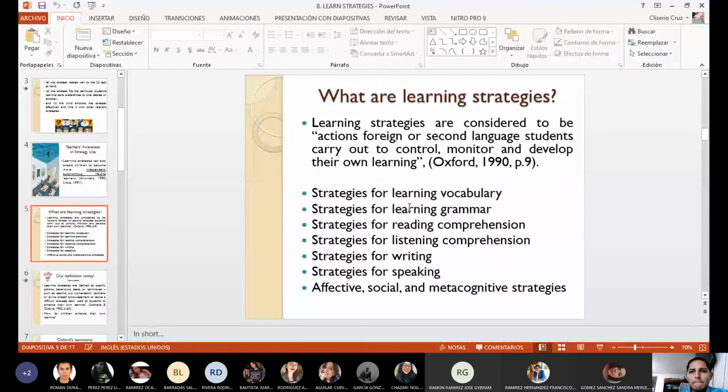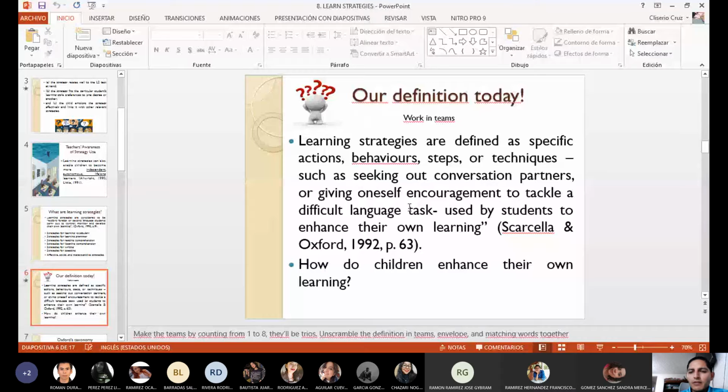Well, we have a definition here. This is a definition we were going to work on by face-to-face teaching and learning. It can be possible. It's going to be difficult to work in groups and in trios, but what we can do is to explore the definition and to come up with a couple of ideas and insights into the definition.